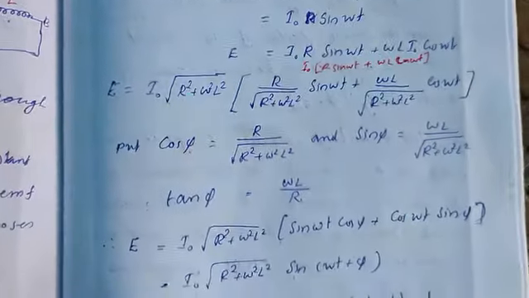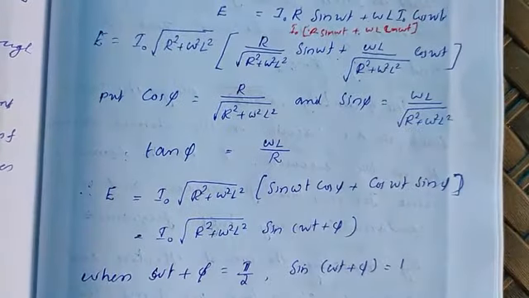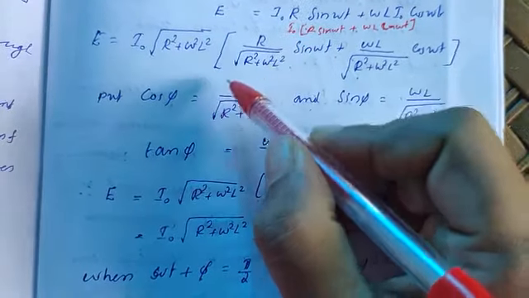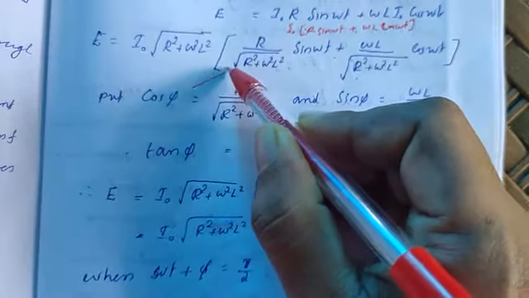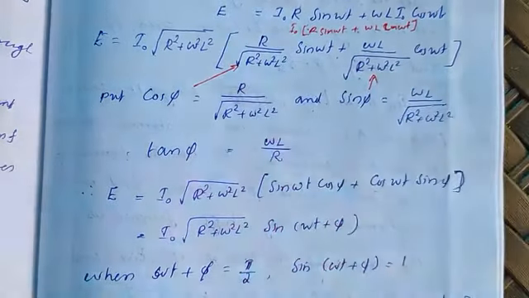So this equation is same as before, but we could write it in a new form by this factor. Now we are putting cos phi equal to R by square root of R square plus omega square L square. That is this term is cos phi and this term is sin phi.